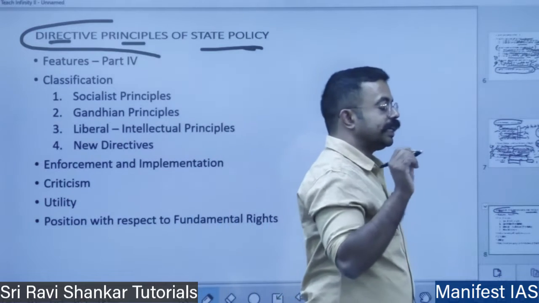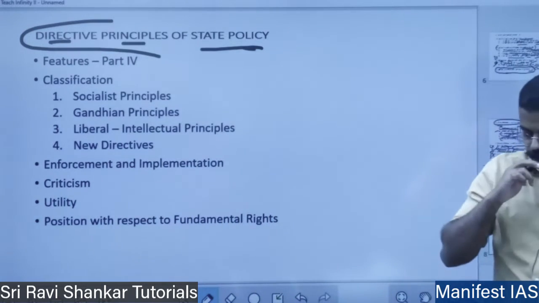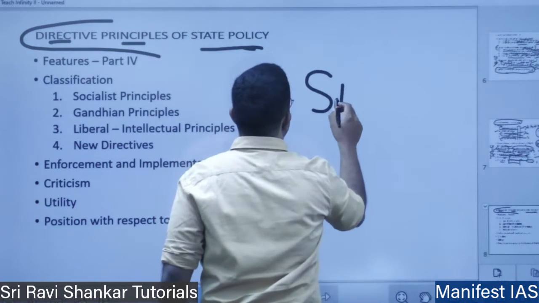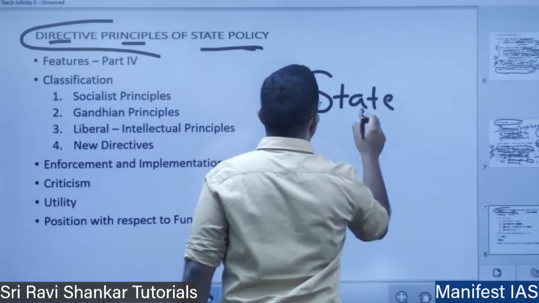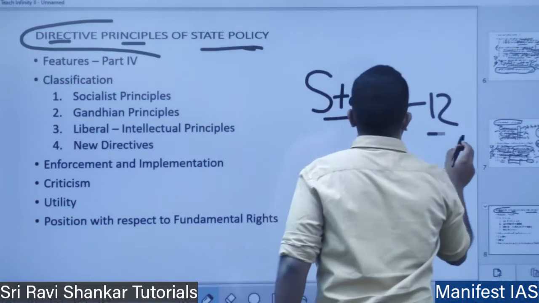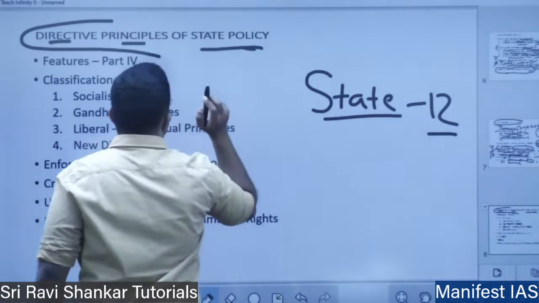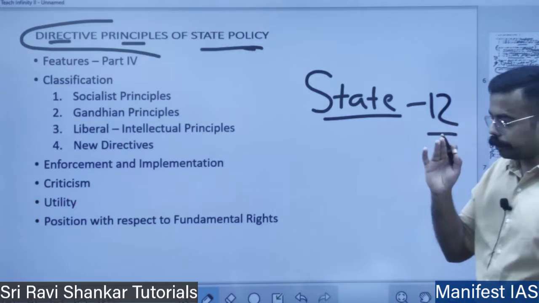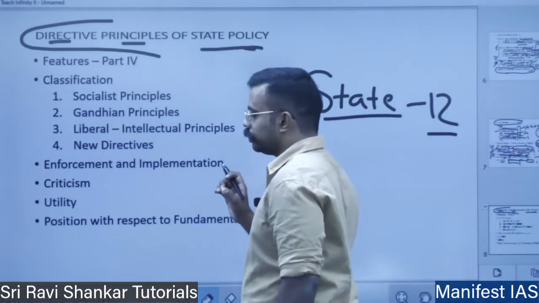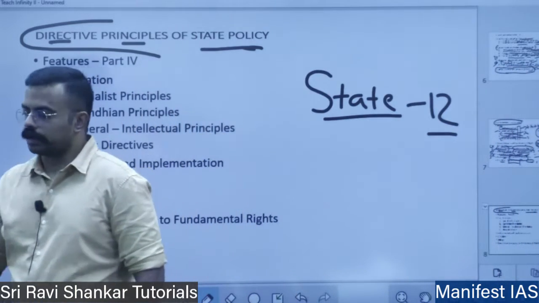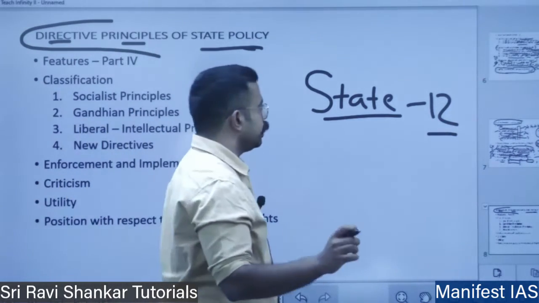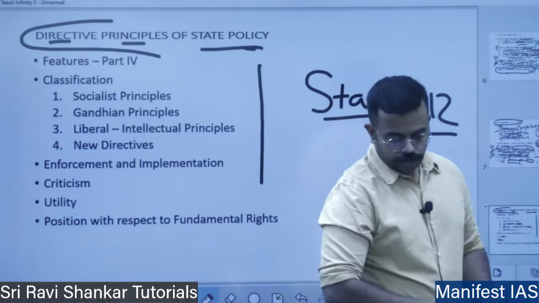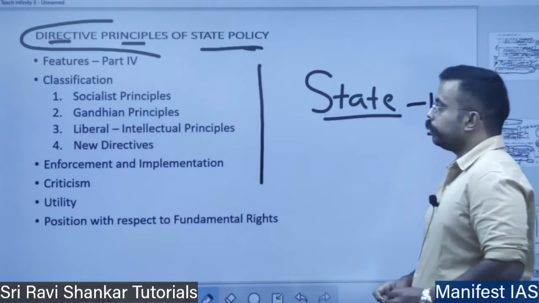It means directives to whom? Directives to the state. What state? Not the state government, the big State, S-T-A-T-E. I told you, Article 12. So they are directives to the state that whatever policies you form, or whatever acts you enact, have to be based on these principles. This is what is meant by directive principles.